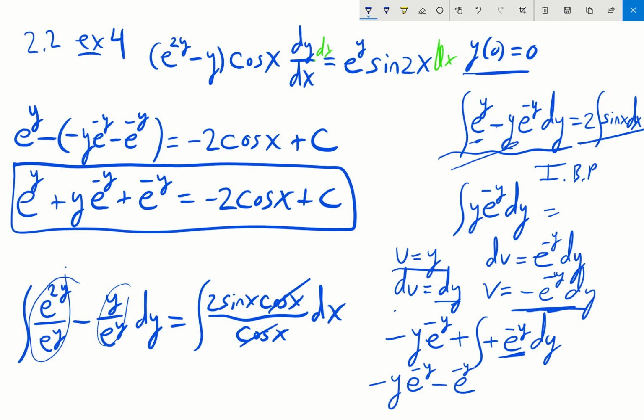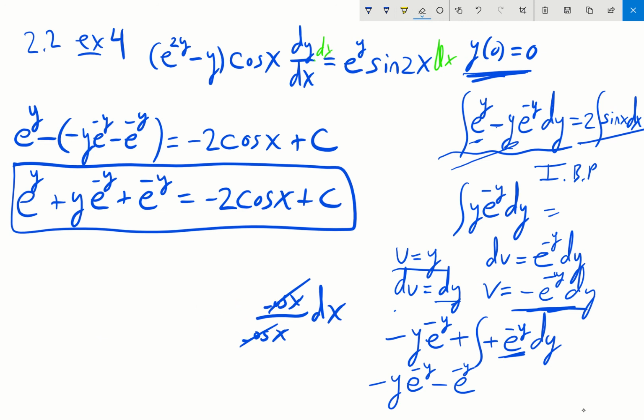This one was an initial value problem. We want to solve for the particular solution when y of 0 is equal to 0. So let's actually go ahead and do that. So everywhere we see an x, let's put 0.